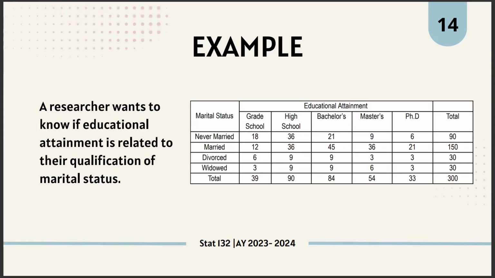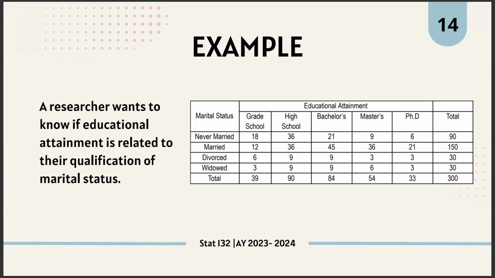For an example, suppose a researcher wants to know if educational attainment is related to marital status. So, these are the educational attainment levels: grade school, high school, bachelor's, master's, PhD. And the marital status is never married, divorced, or widowed.